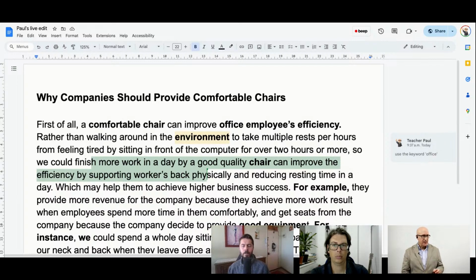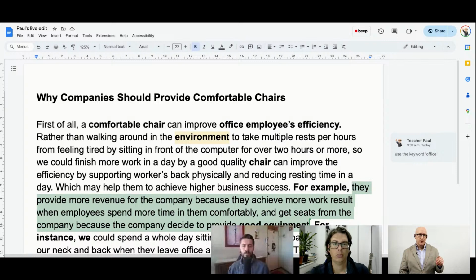They do a similar thing down here. Where is it? Provide more revenue for the company because they achieve more work result when they spend more time in the chairs comfortably and get seats from the company because the company decides to provide good equipment. Well, which of those happens first?